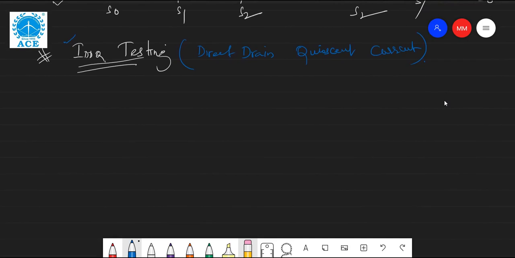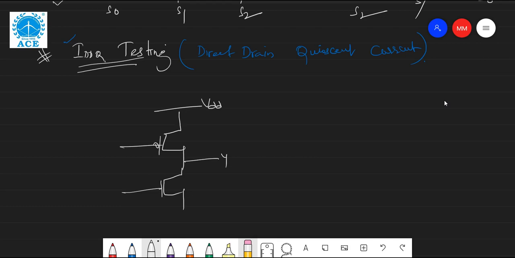See, when VDD is applied, for example, this is our CMOS circuit, this is the output, this is VDD and this is ground.